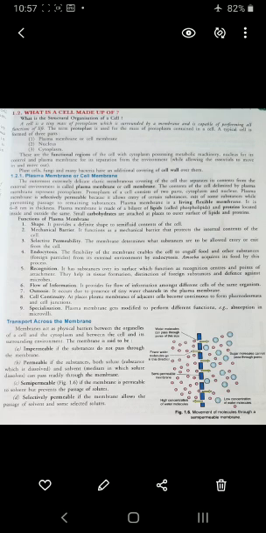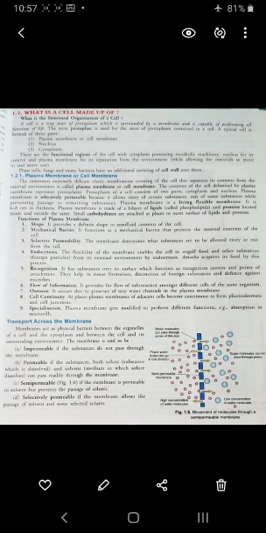Why is it known as selectively permeable? Because it allows entry of certain substances and exit of some substances, while preventing passage of the remaining substances. So the plasma membrane is a living flexible membrane, and it has many functions.